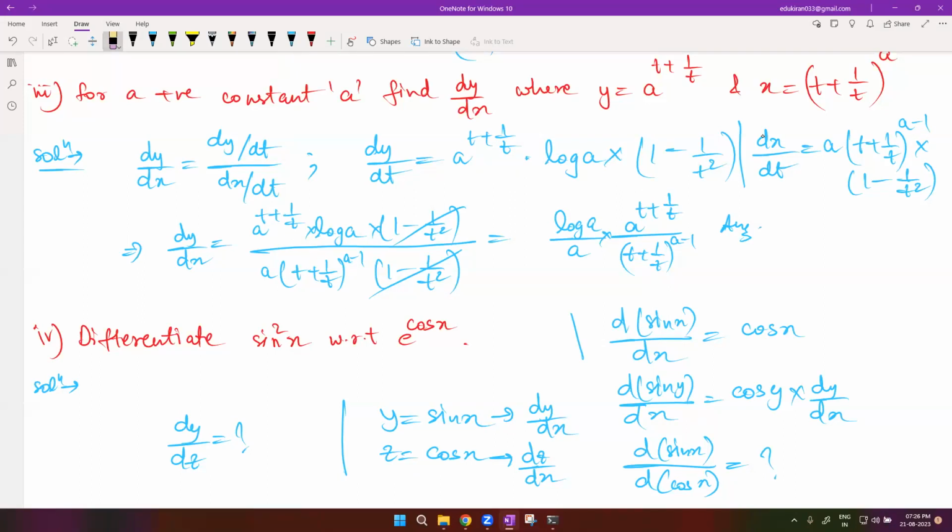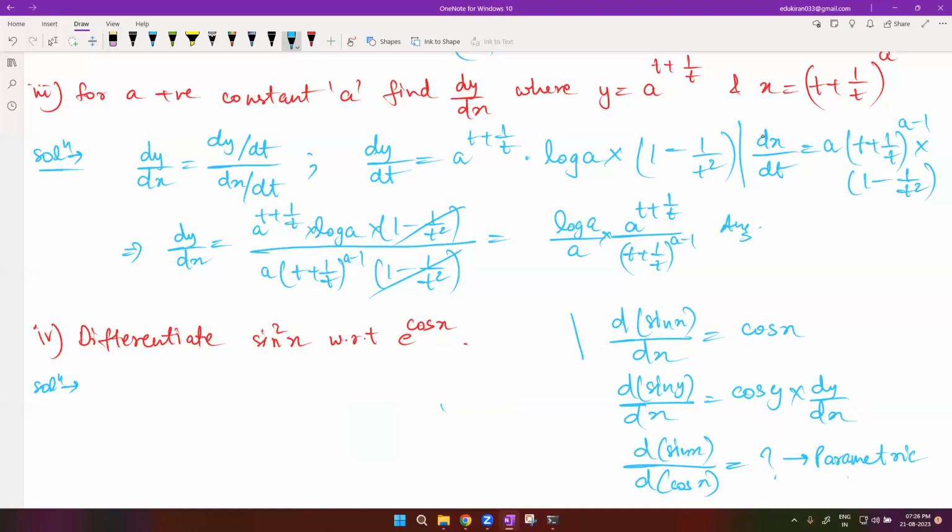So let's solve one question with me on parametric form indirectly.